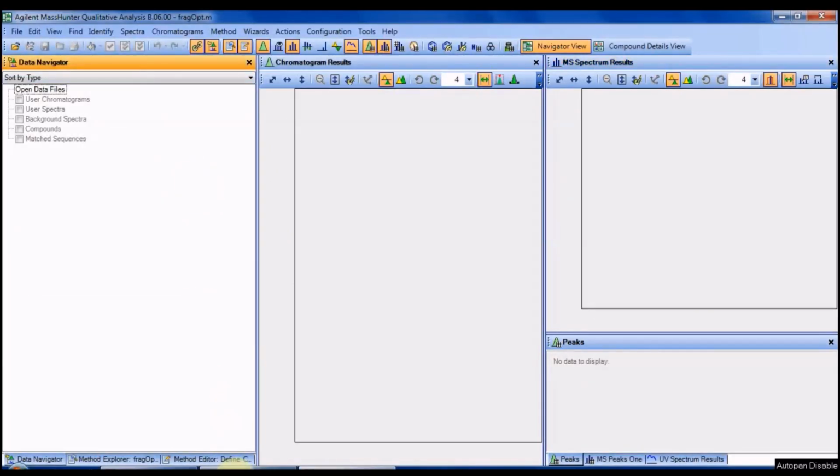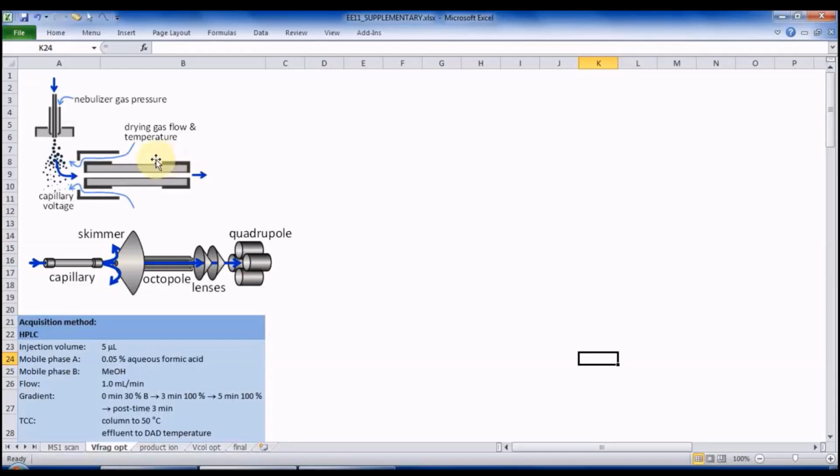Several MS-related parameters can be optimized. In this exercise, we will optimize fragmentor voltage and collision energy, while for nebulizer gas pressure and drying gas flow and temperature, we will use values previously found to be satisfactory. The first parameter we will optimize is fragmentor voltage, that is a voltage between the capillary and the skimmer.